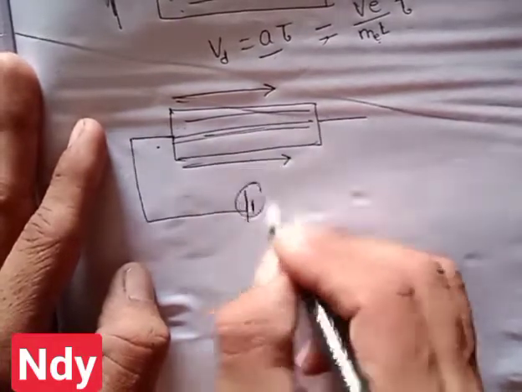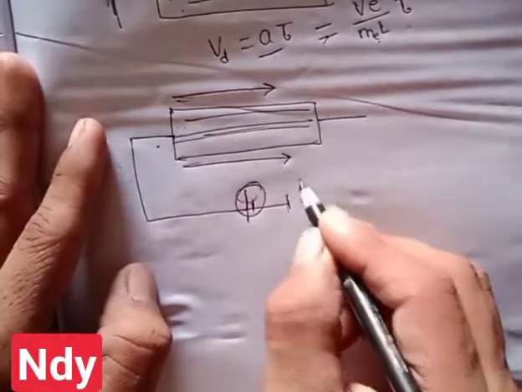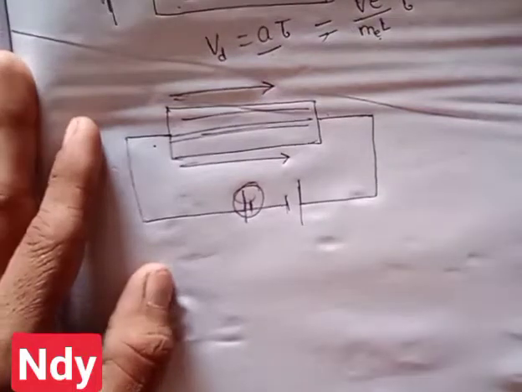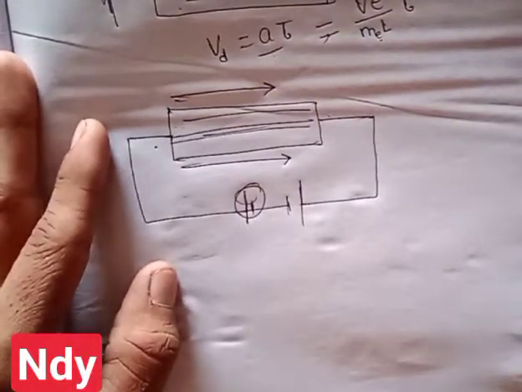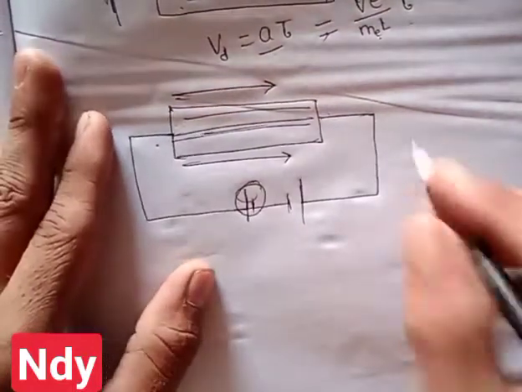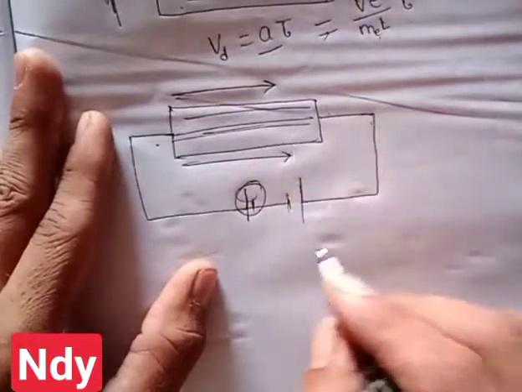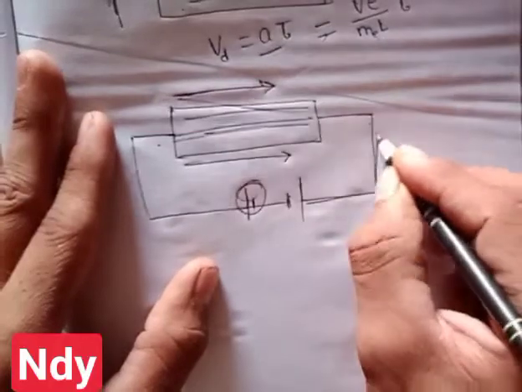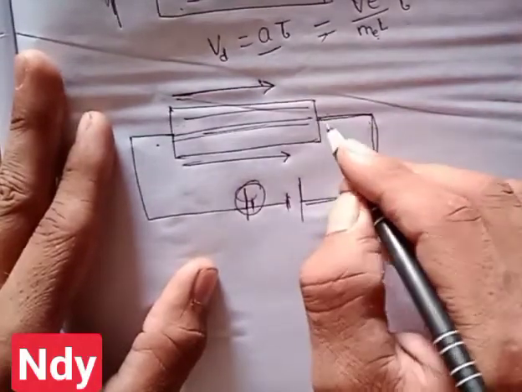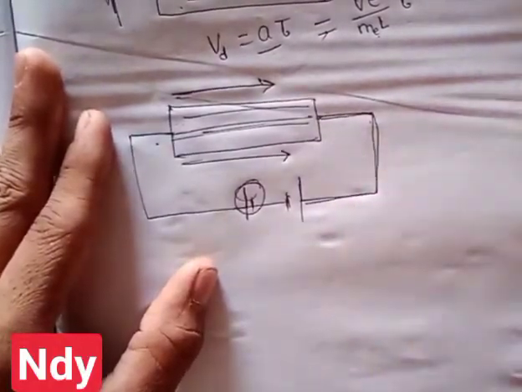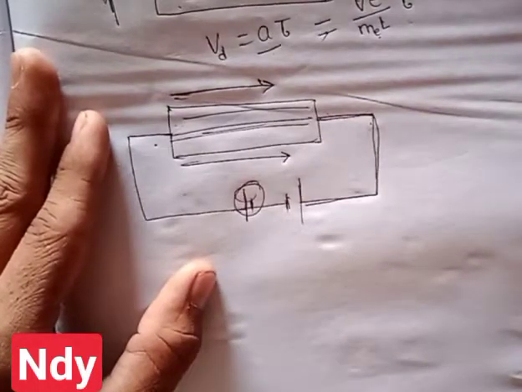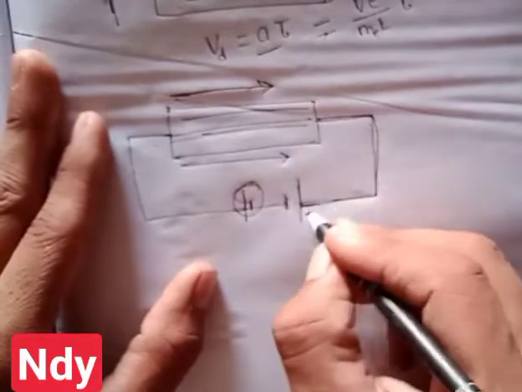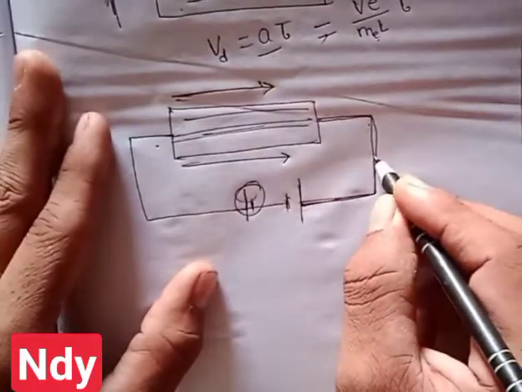Let this be a battery. This will be the direction of motion, because electric current will flow in this direction. So the direction of electrons is opposite to that of electric current.